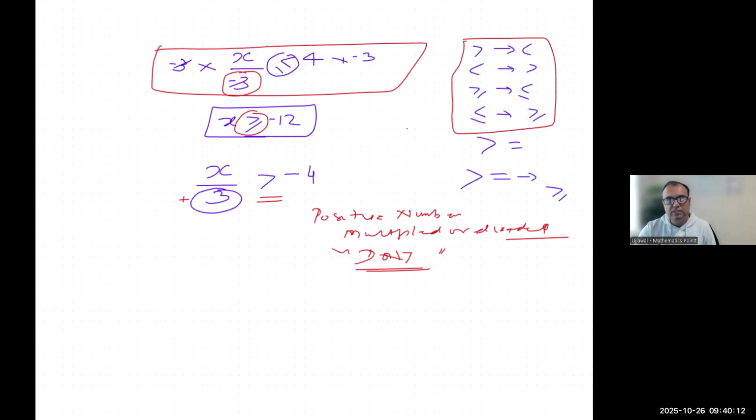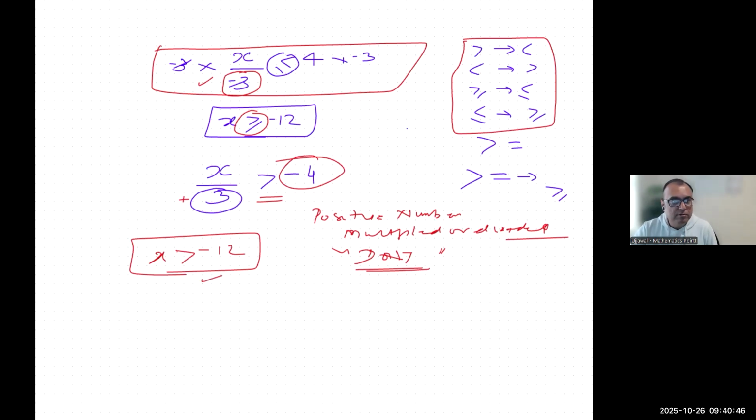The change of the signs will only happen if the multiplication or division has involved a negative number, like the way it was being done here. So this is really simple. x is greater than -12. And I don't care there is a negative sitting here because I'm not touching it. You getting my point? Is this clear?